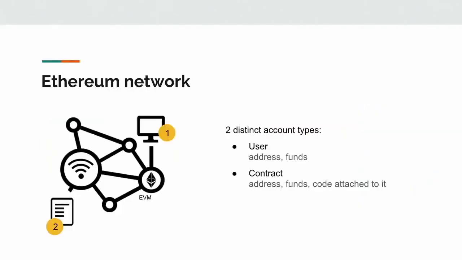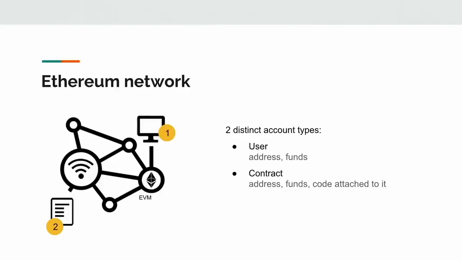The Ethereum network has two types of accounts, basically. One is a user, which has an ID, an address, and funding. And the other one, which makes it so different, is the contract address. Basically, it's an arbitrary piece of code attached to that address, which can be called by the user.